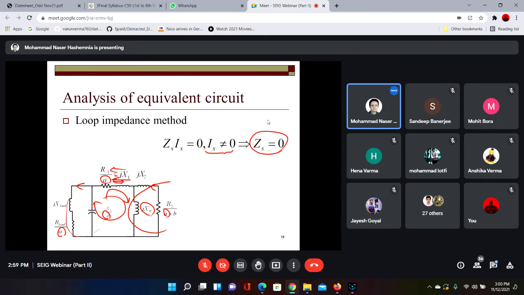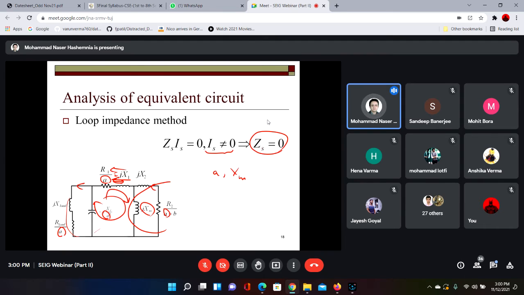What was the answer? Can anyone respond? Sir, you told us that they were the real and imaginary parts. Yes, exactly. This is apparently one equation, but if we partition or separate it into two parts, the real and imaginary, then we will have two equations and two unknowns, so A and Xm can be evaluated.